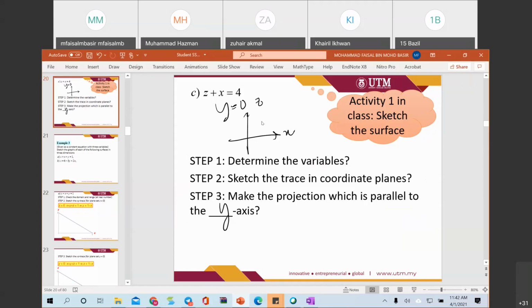So z is 4 and x is 4, right? So when you draw 3D, x is 4, z is 4. It is parallel to y, at the right. Easy. So if we shift to the right, because it is parallel, the surface must be parallel to y.